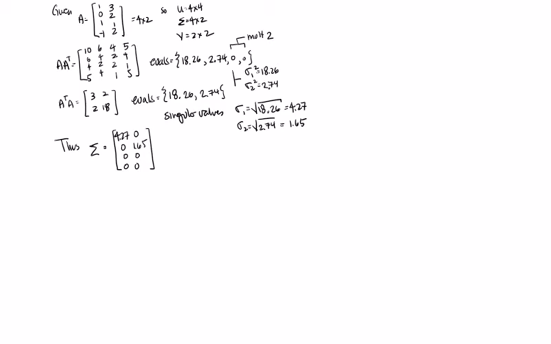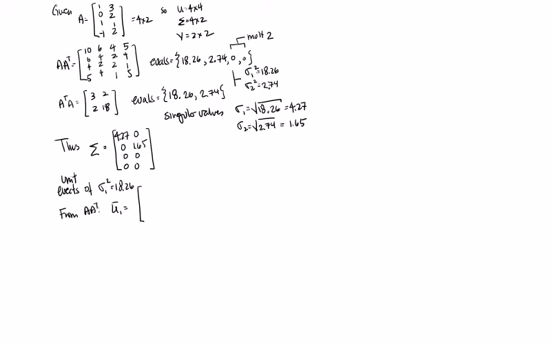Then we go through the next process. We look at eigenvectors of that first sigma 1 squared, or unit eigenvectors, let's be clear. From A A transpose, we get the first one.